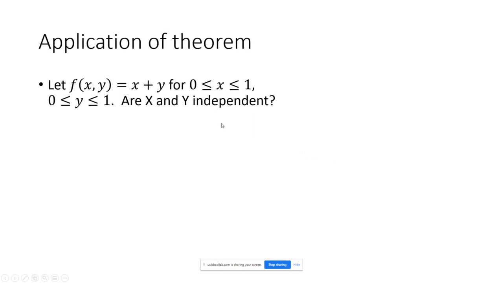So for example, let's suppose that our joint density function is x plus y for x between 0 and 1 and y between 0 and 1. And we want to know, are x and y independent?